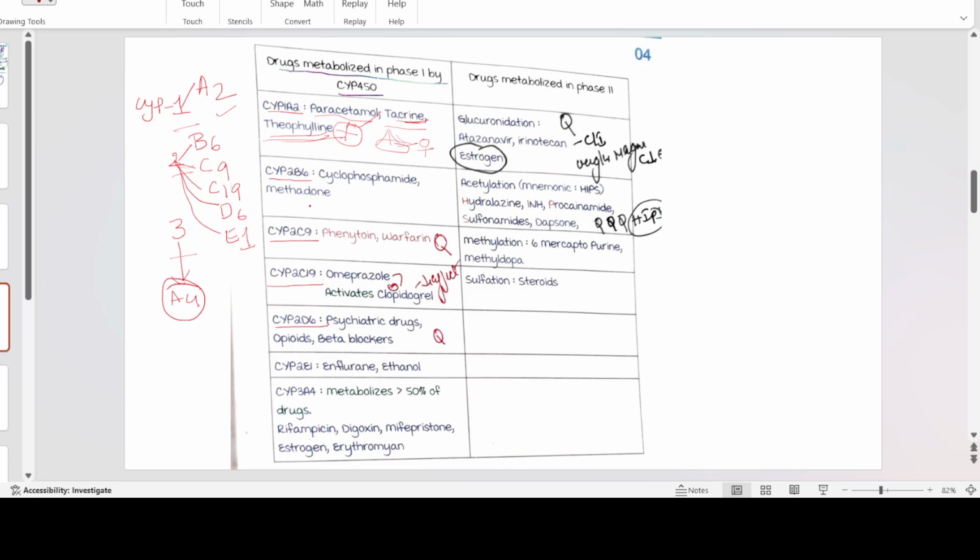The second thing written here is CYP 2B6. How do you remember this?